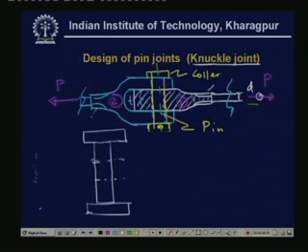So we have different kinds of force and pressure distributions on this pin. Again we will have to make various assumptions. The first simple assumption is that the force is uniformly distributed.